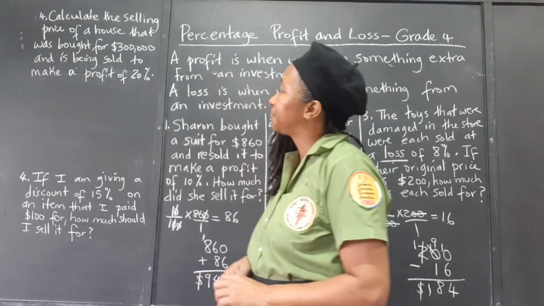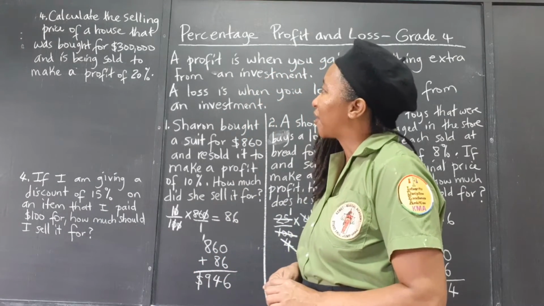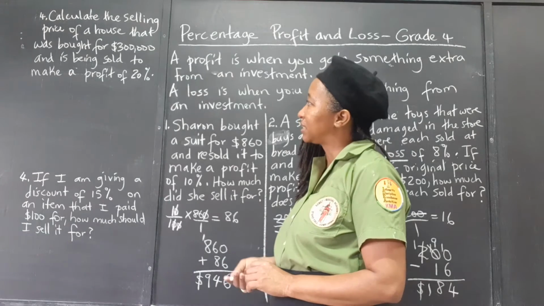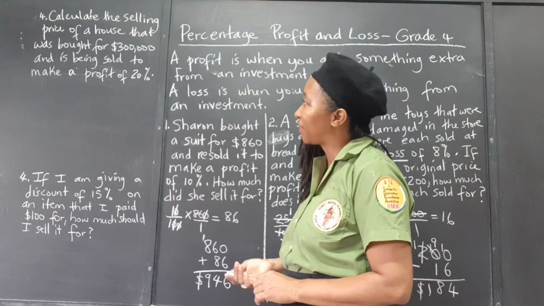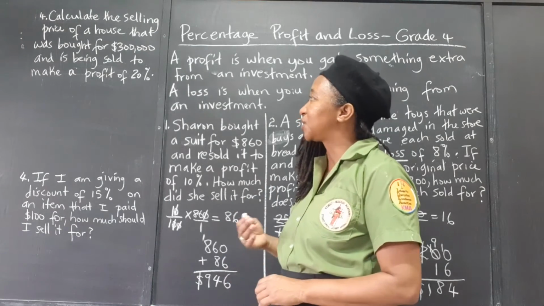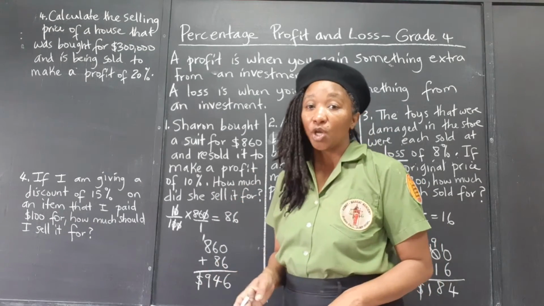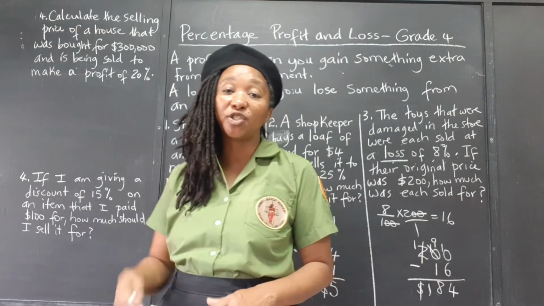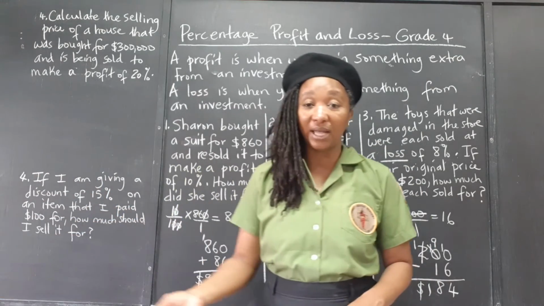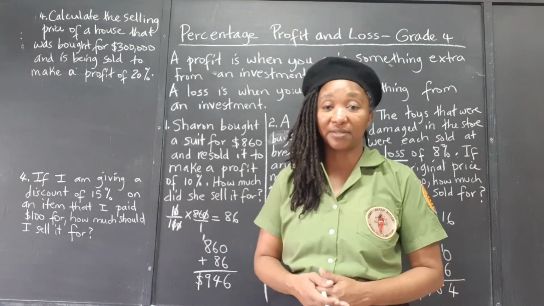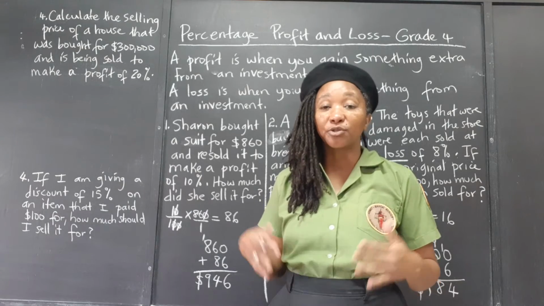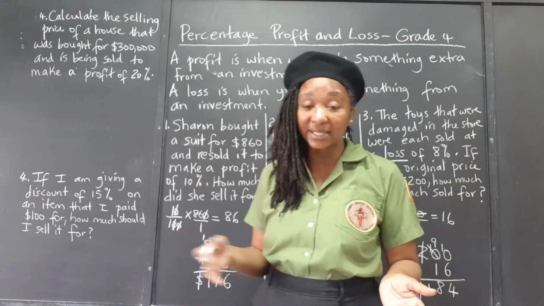Number 4, calculate the selling price of a house that was bought for $300,000 and is being sold to make a profit of 20%. Now, many times people buy houses just to sell them back after a while to make a huge profit. Right? So people go into real estate, we call that real estate.